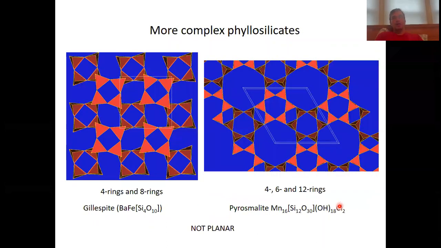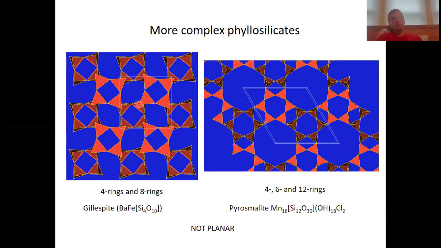All right. Now we can also make even more complex phyllosilicates. However, as I mentioned before, the more complex we make the structures, the more rarely we encounter them, but there are beautiful examples with more complex structures that are worthwhile to look at.